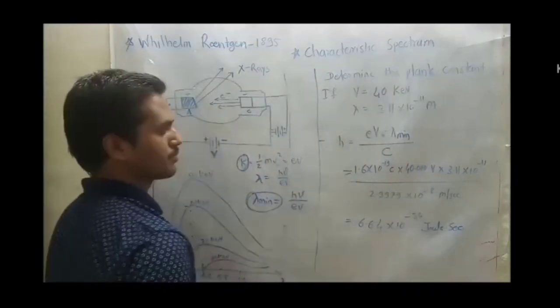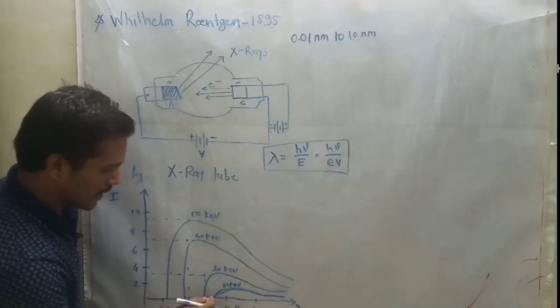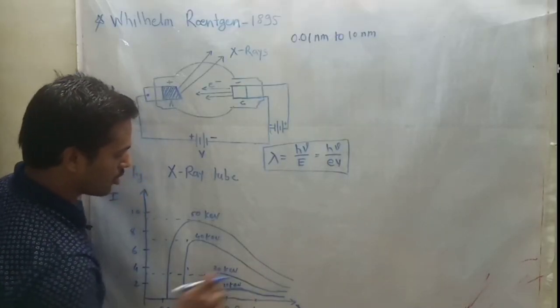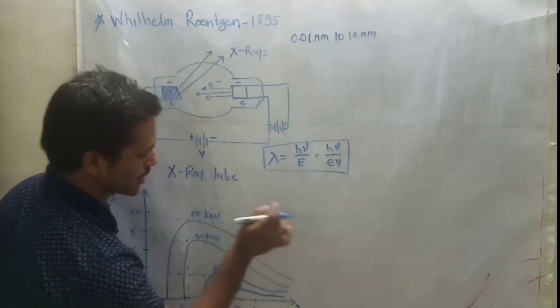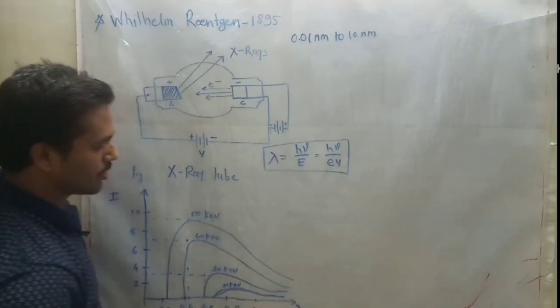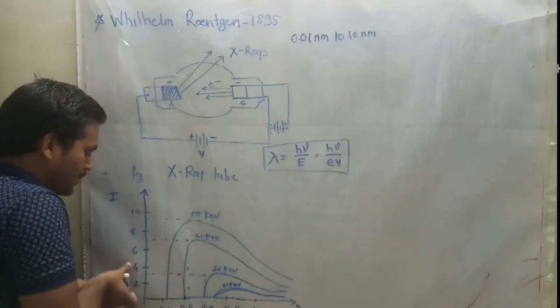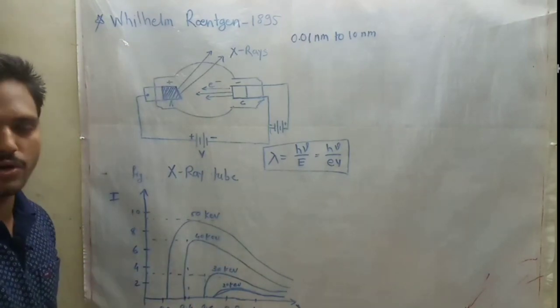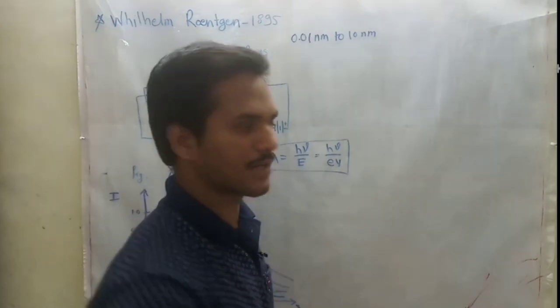Here also we observe that this curve for the particular potential is continuous. This nature is a continuous nature. Hence, this spectrum of X-ray is known as the continuous spectrum.